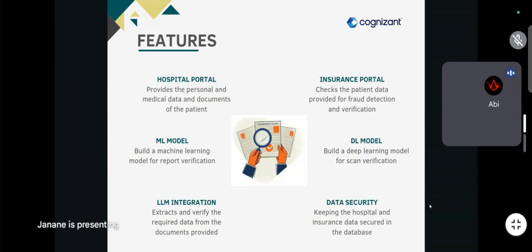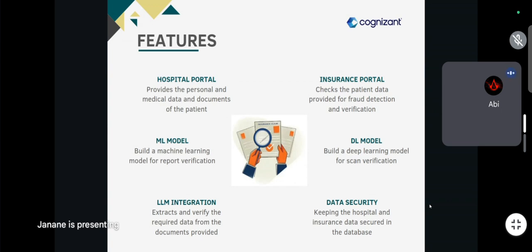And the fifth feature is LLM integration. This feature uses advanced natural language processing to extract and verify required data from provided documents. It could streamline the process of inputting information from various medical documents into the system, reducing manual data entry and potential errors.